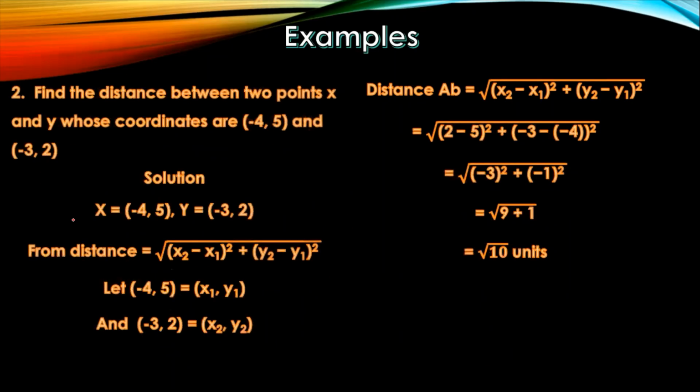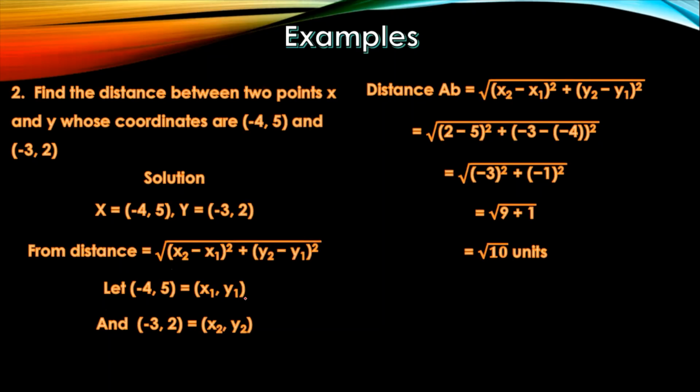Look at this beautiful second question. It says find the distance between 2 points X and Y whose coordinates are (-4, 5) and (-3, 2). Same way, you just know that (-4, 5) is our x1, y1, and (-3, 2) is our x2, y2.